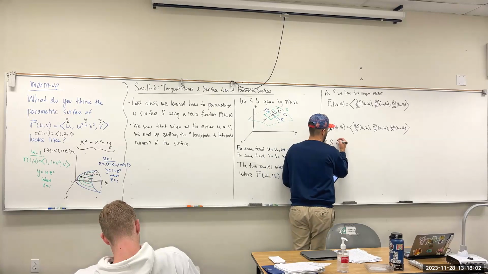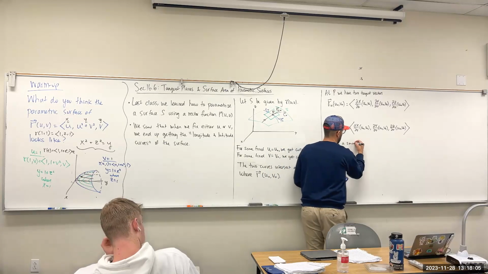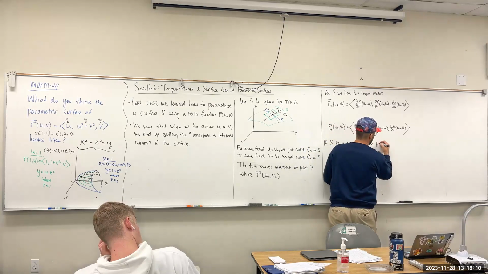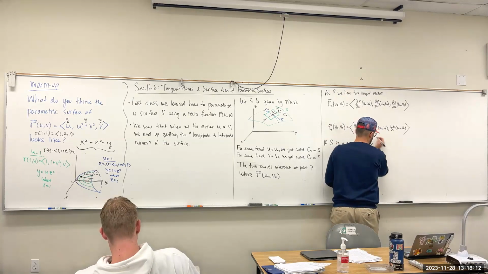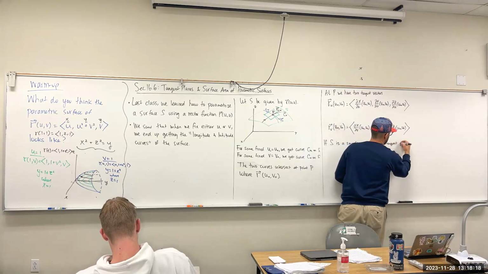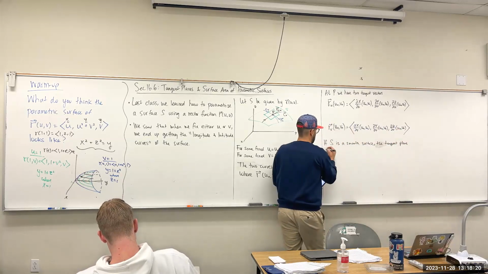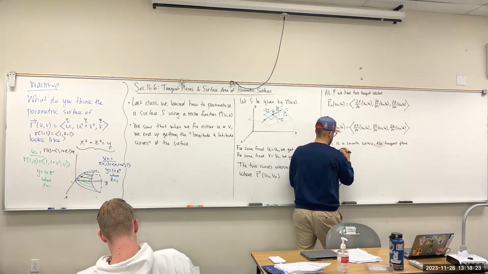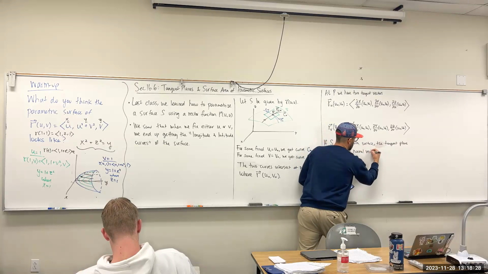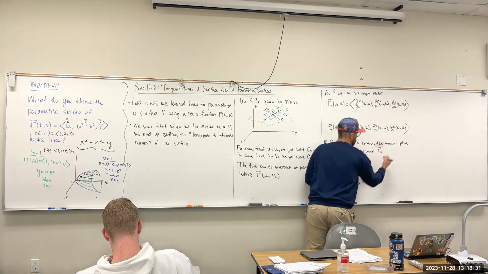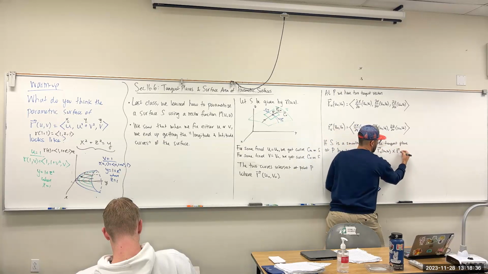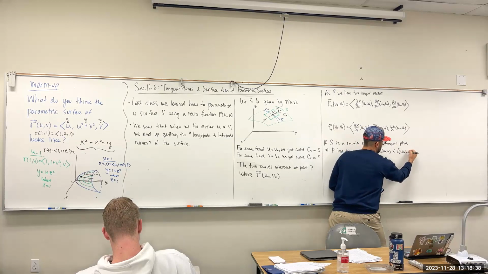So if S is a smooth surface, the tangent plane at P has the normal vector r_u(u naught, v naught) cross r_v(u naught, v naught).